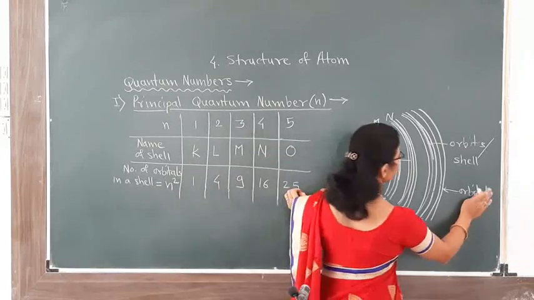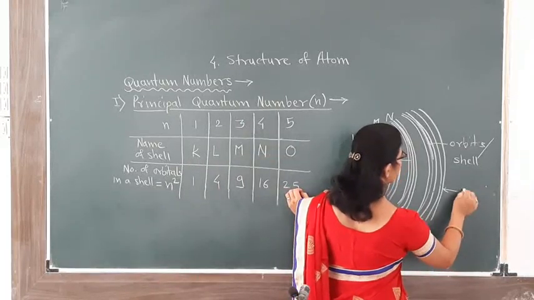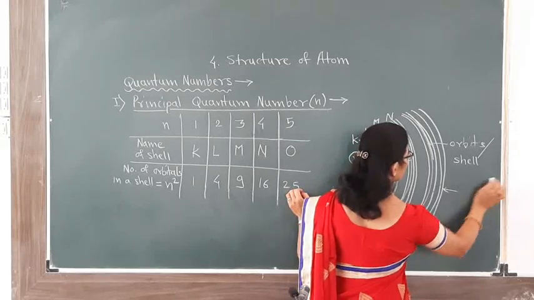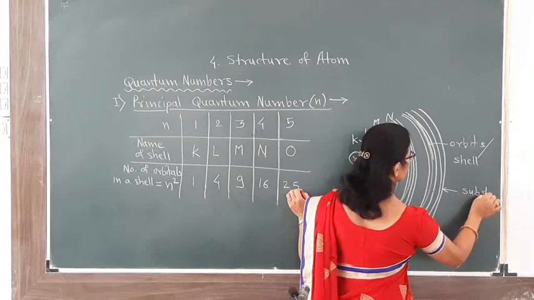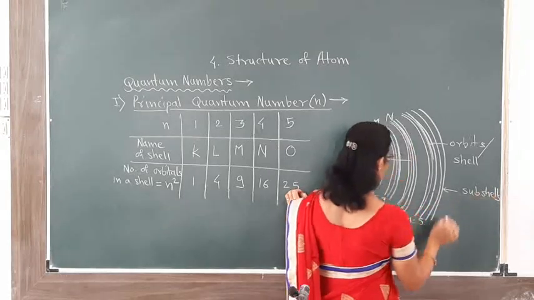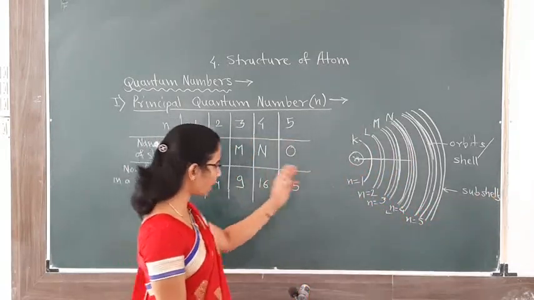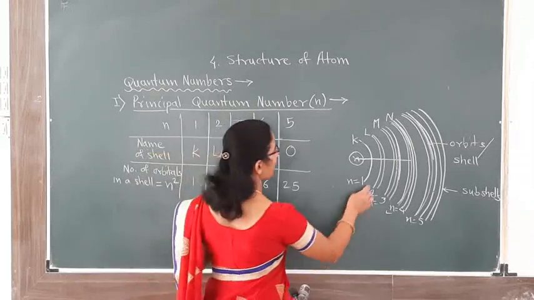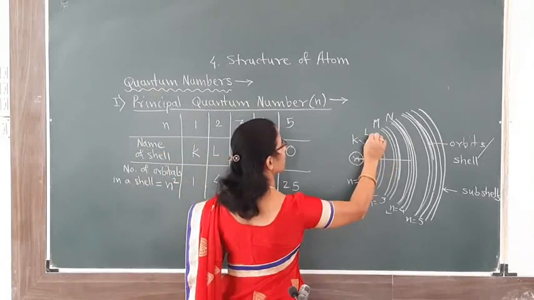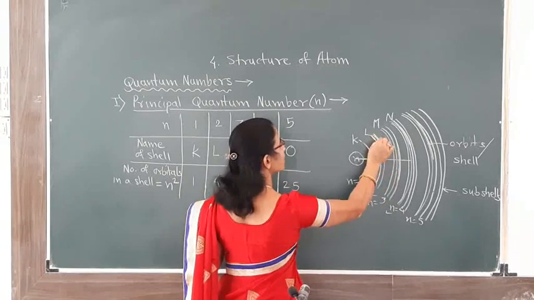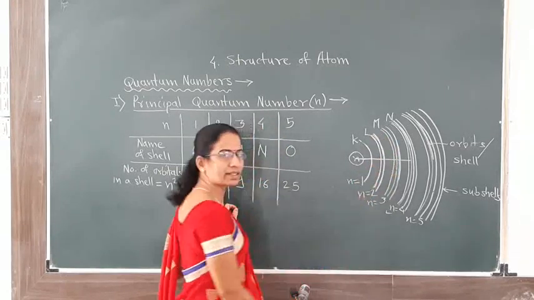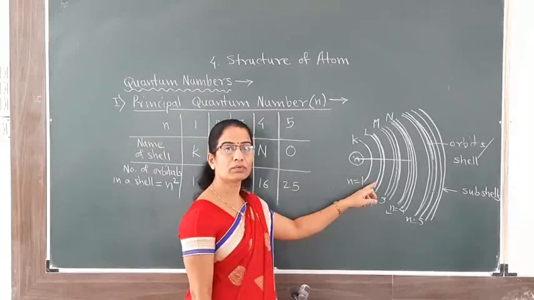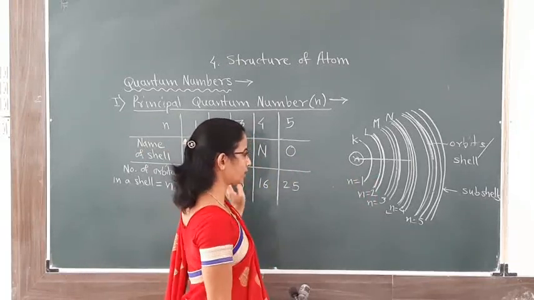Actually, these are the subshells, and in the subshells there are the orbitals. Okay. Here these are the subshells in which the electrons are revolving, and in the subshells again the orbitals are present. You will see that here in the second shell 2 subshells are present, and in those subshells again the 4 orbitals are present.